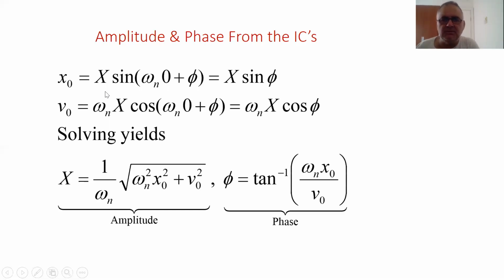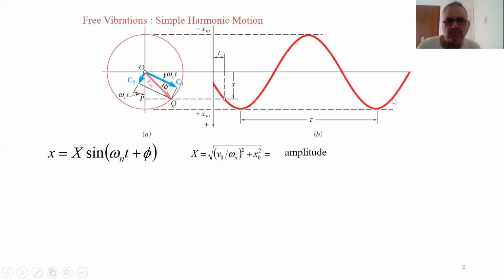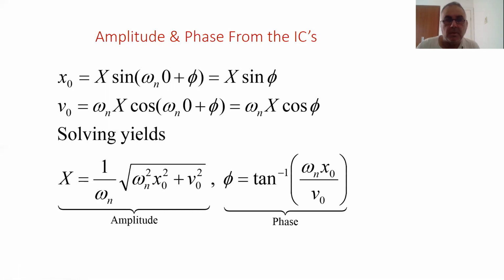So using these, we can solve for X and phi. How do we do that? We just divide the first term by the second one. So x0 equals X sine phi, and v0 equals X cosine phi times omega n.